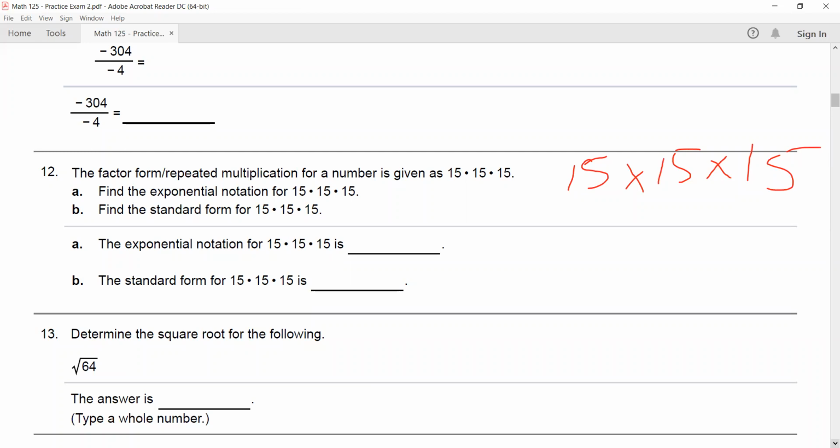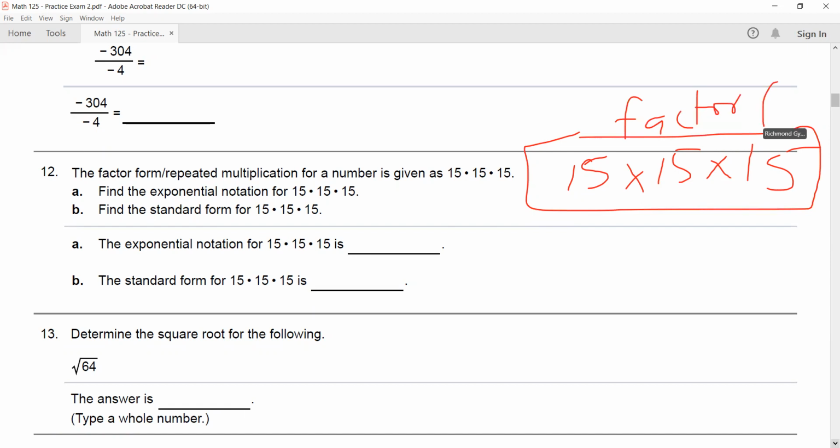For the exponential form, you have to have your base and then your exponent. So we have 15 times 15 times 15, which is 15 to the power 3. This is going to be your exponential form.